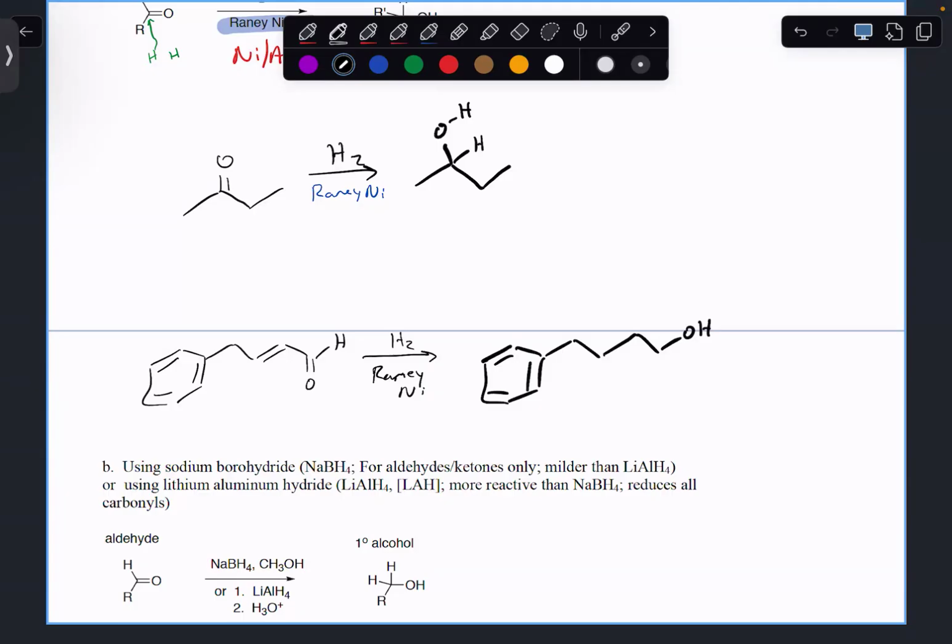So if you're using conditions that are sufficient to reduce the carbonyl, they will certainly be strong enough to reduce a regular CC double bond. So no, I am not going to leave the double bond. The carbonyl and the CC double bond will be reduced under these conditions.